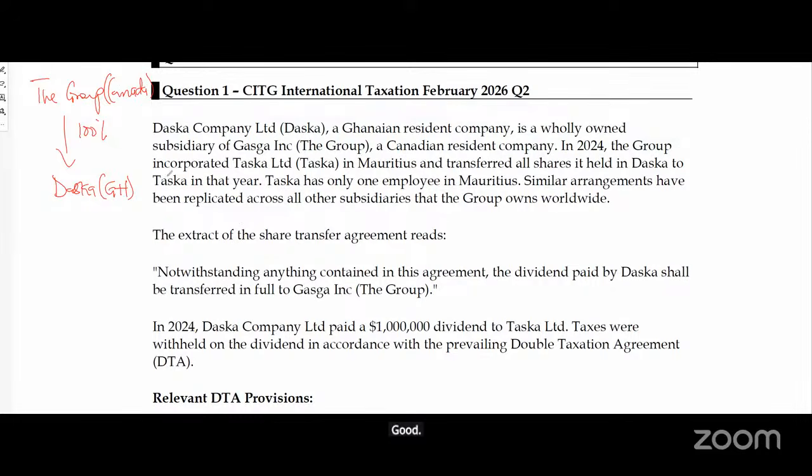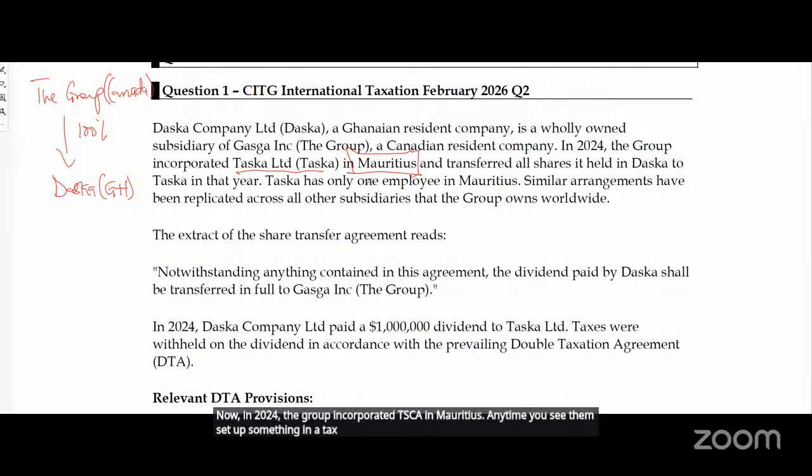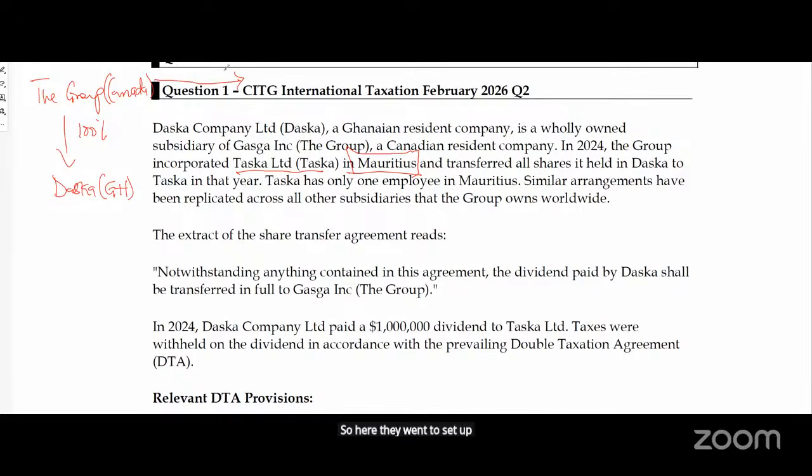Now, in 2024, the group incorporated Tasca in Mauritius. Anytime you see them set up something in a tax haven, some place like Mauritius, it should tell you that this person has bad intentions. So they set up another vehicle in Mauritius, which is Tasca. And look at what happened. They transferred all the shares in Daska to Tasca in that year.